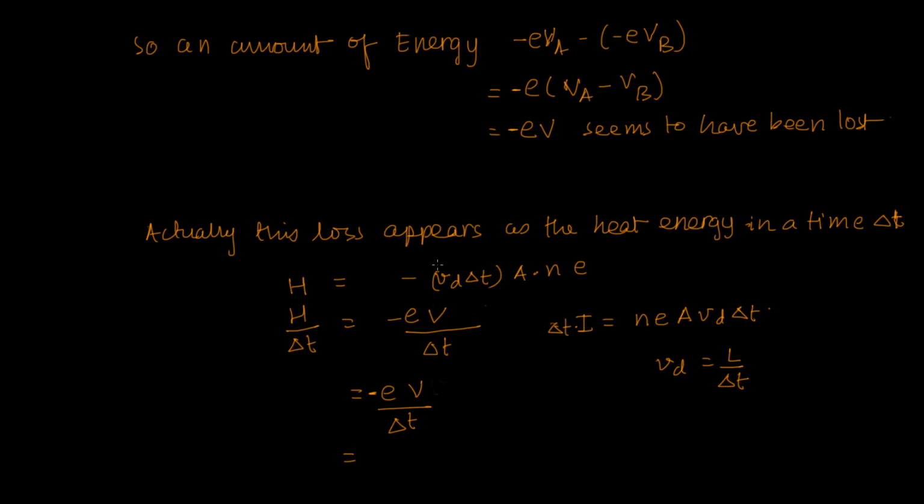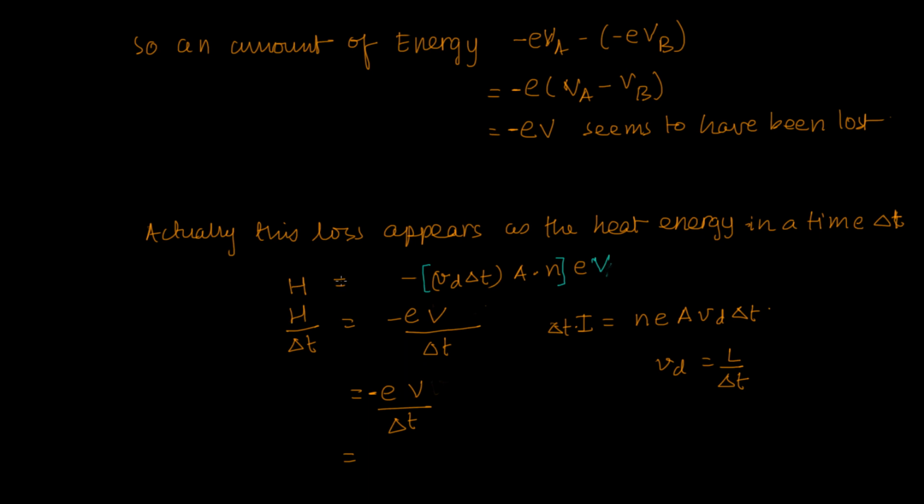Let's not lose sight of that. This is the total number of electrons, and each electron is losing an energy of eV, minus sign I have put here. So not eVA, it is eV, right? This is the loss by each electron. So in time delta t, the energy that appears is so much.